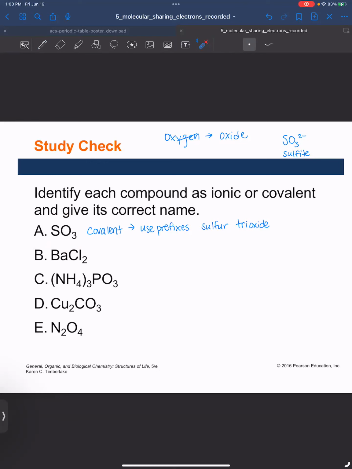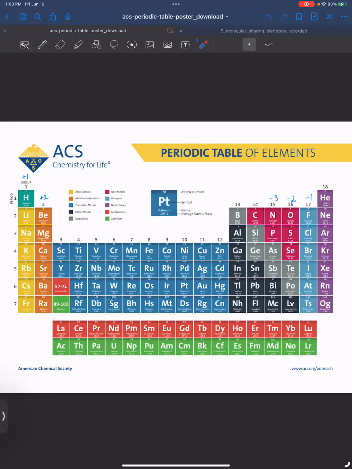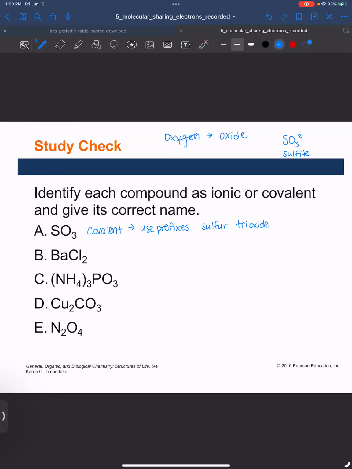All right, we have BaCl2. So Ba is what? Barium, which is a metal. So therefore, is this compound ionic or covalent? Ionic. And that means no prefixes. And I'm being intentional about writing this down because more often than not, when we're first learning this naming system and all these rules, it can get quite confusing.